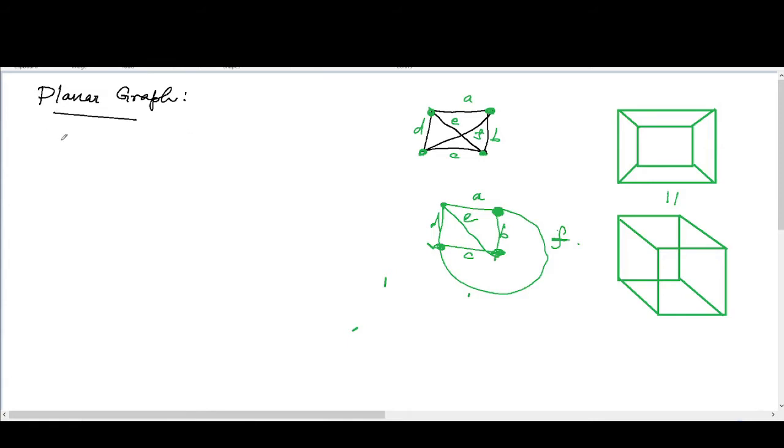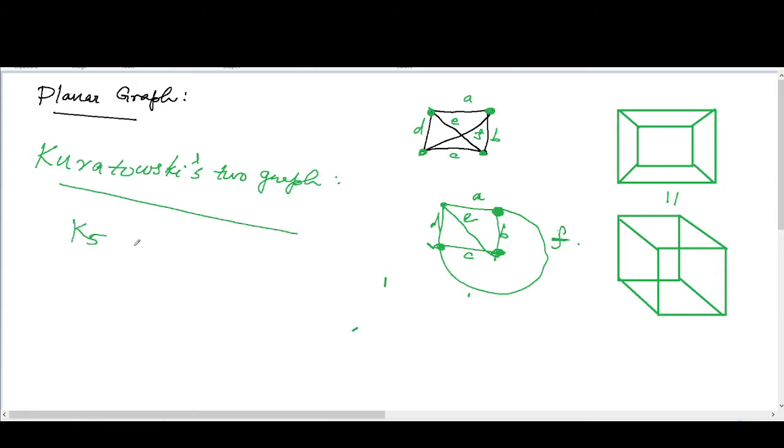Now, we can move to Kuratowski's two graphs. A very important theorem. Kuratowski's two graphs are K5 and K33.